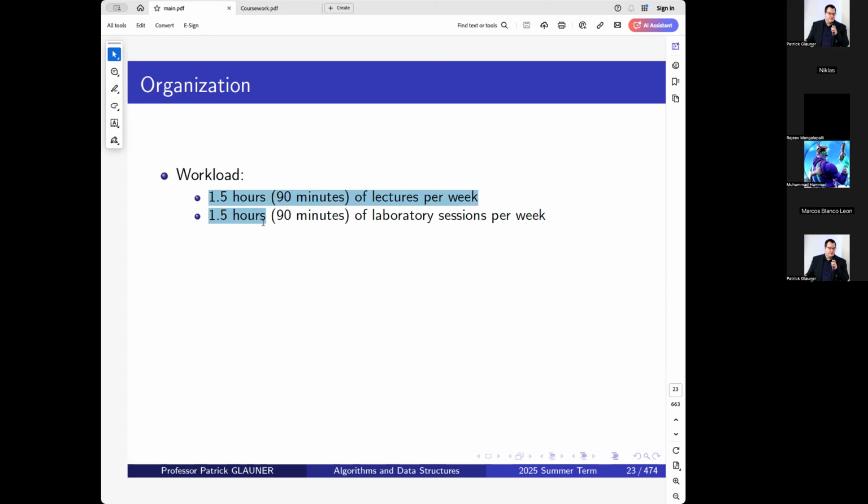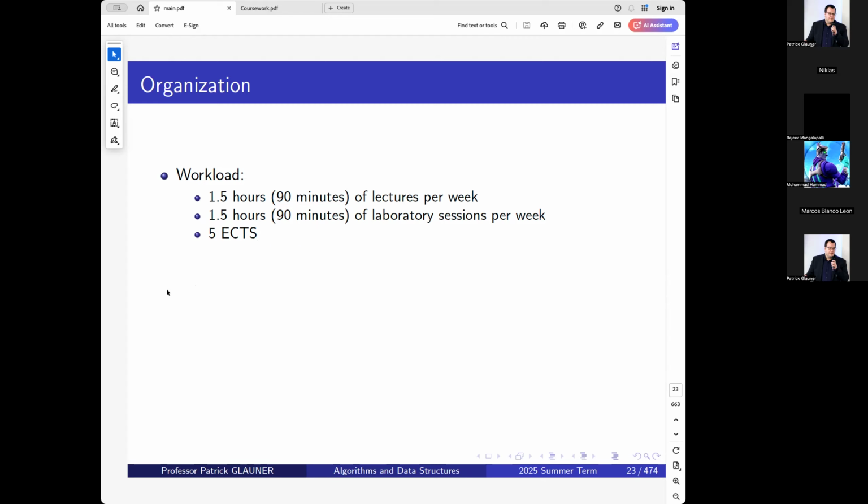So in total, this is 3 hours, 180 minutes per week. But since most of you are in your second semester, you have come across this unit ECTS, European Credit Transfer System, or whatever it stands for. So 5 credit points for this module.